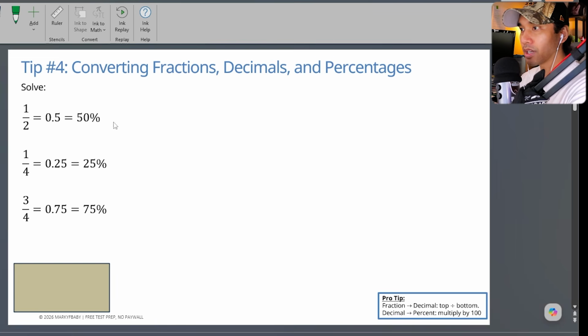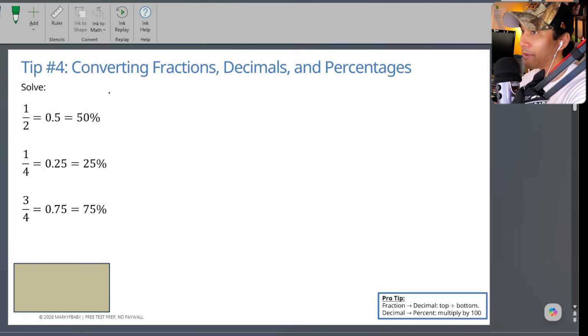These ones will come up all the time. 1/2 equals 0.5. 0.5 equals 50%. 1/4 equals 0.25. 0.25 equals 25%. 3/4 equals 0.75, equaling 75%. The pro tip here is fraction to decimal is top divided by bottom.